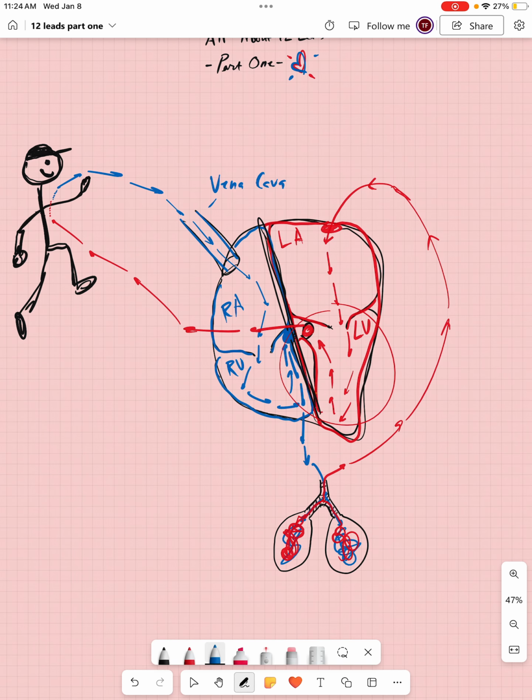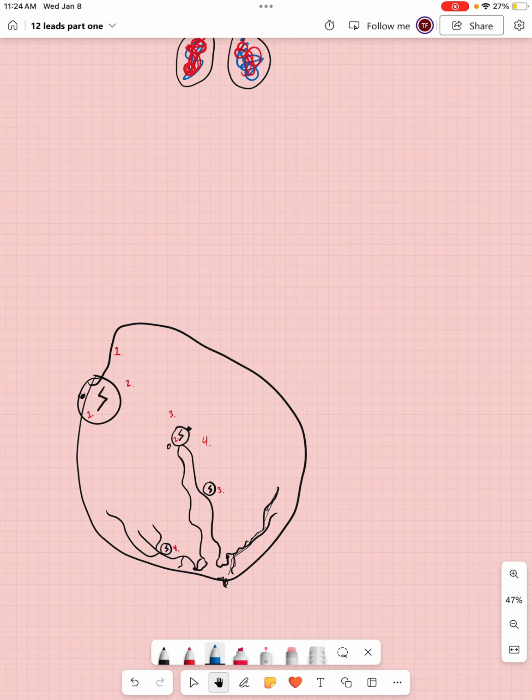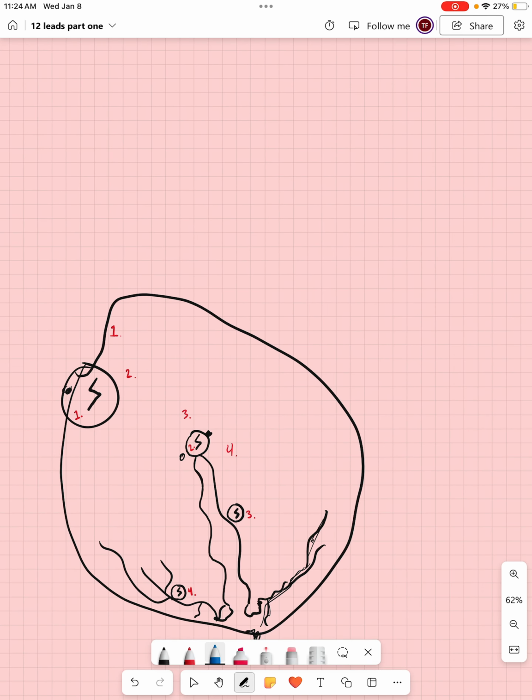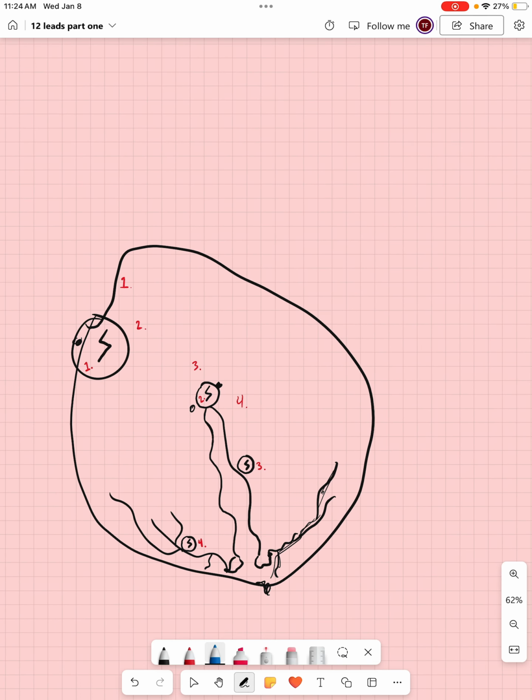So now that we've reviewed the different chambers of the heart as well as the general pathway of blood, I want to get into some more anatomy and go over the electrical conduction system. So your heart is very cool in the fact that it operates off of electricity. It's pretty incredible how this all breaks down.